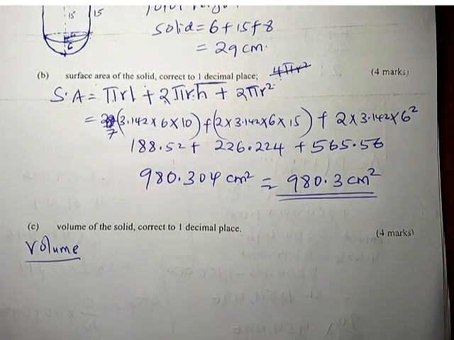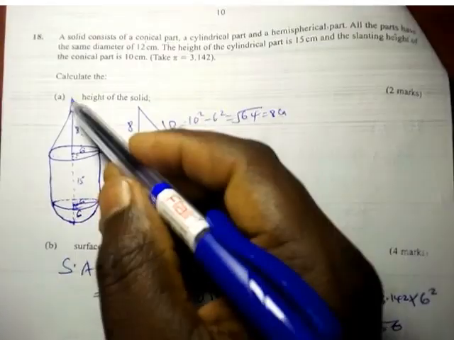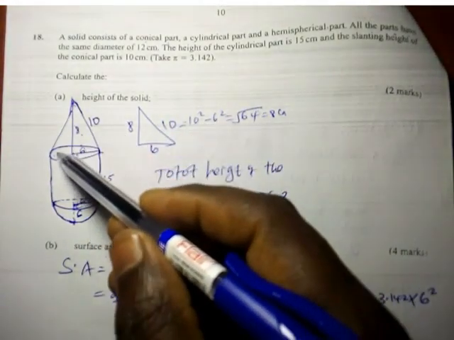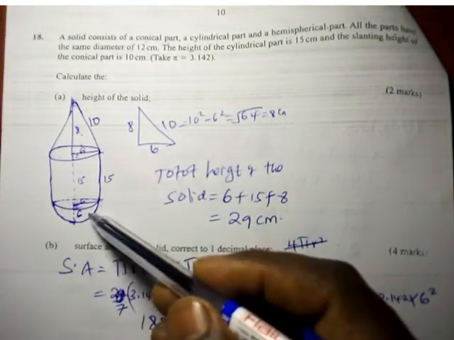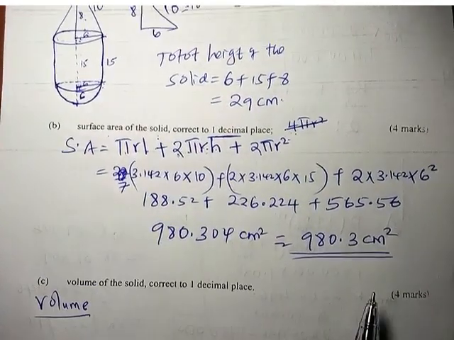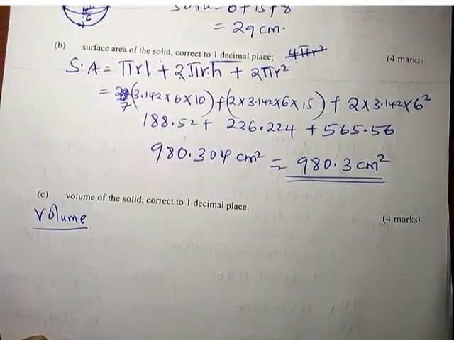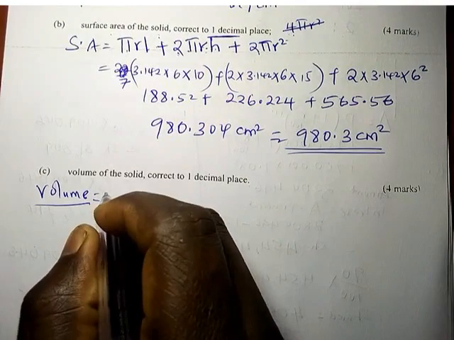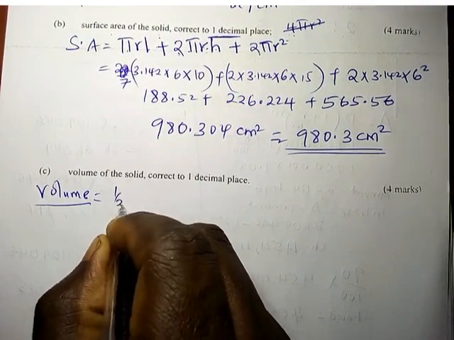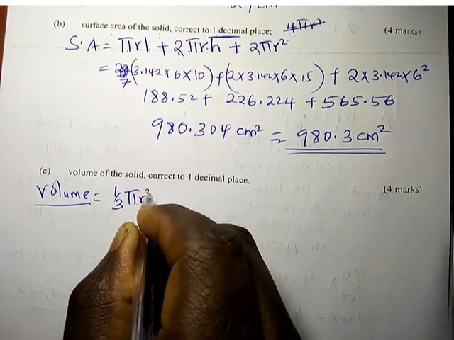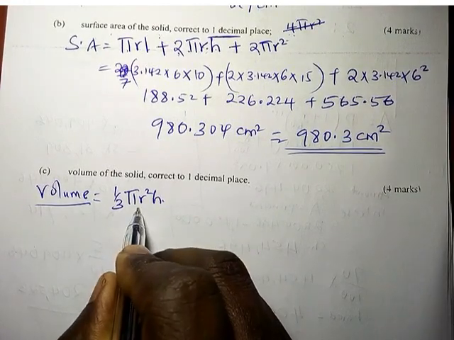Volume, we are now going to calculate the volume of the cone, the volume of the cylinder, and the volume of the hemisphere. Lazima ujue formula, my friend. Hapo hakuna shortcut. So the formula of the cone is given by a third pi r square h. Hiyo ni cone, sawa?